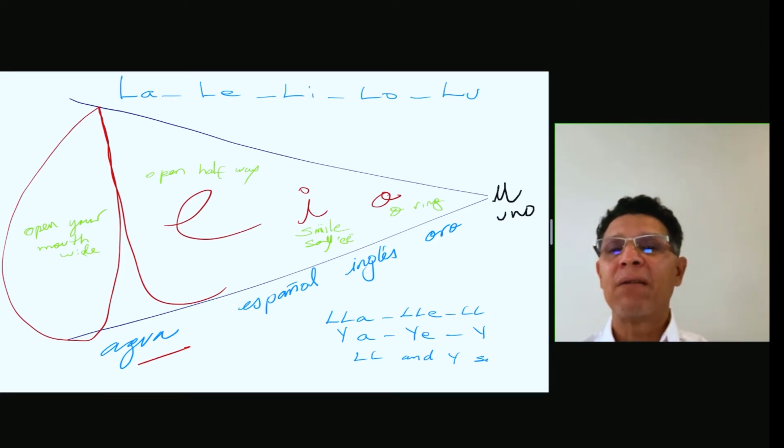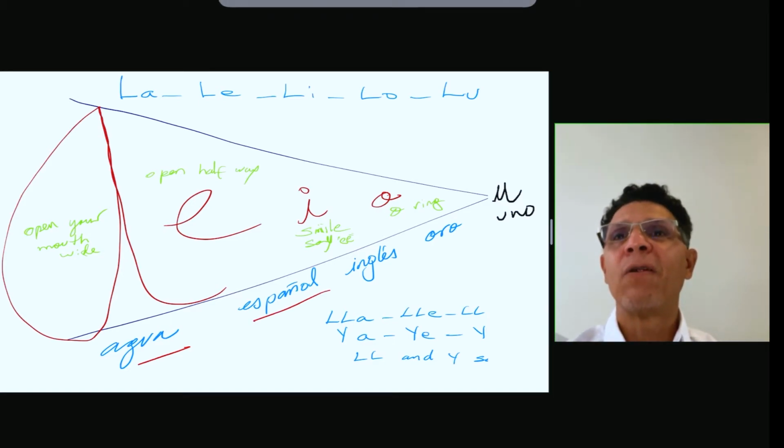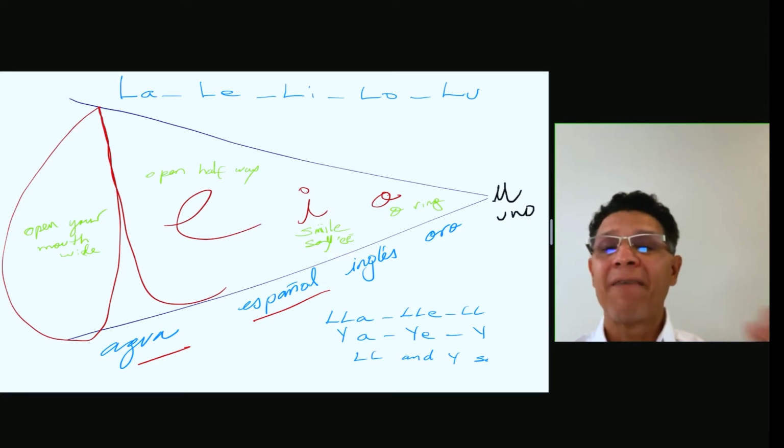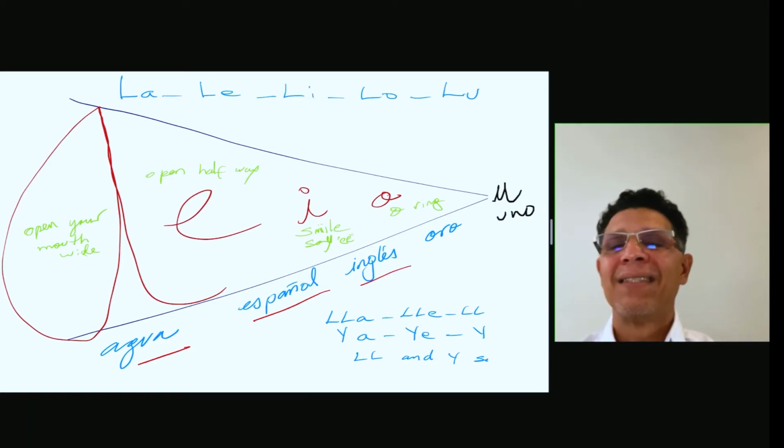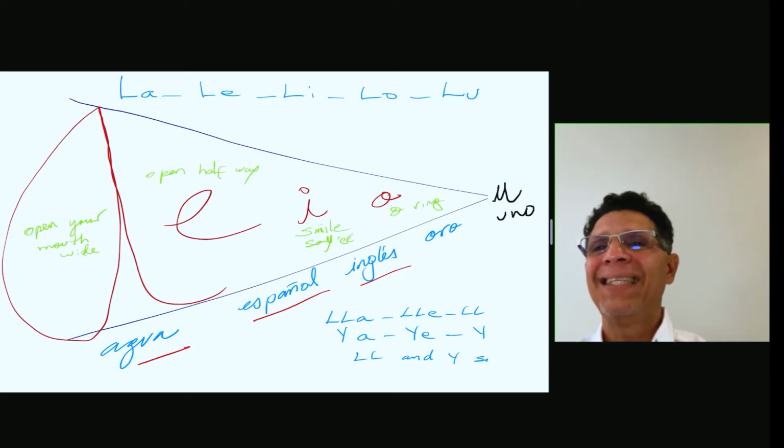The second sound, from the A position, you go halfway, you go A, E. That's the E sound. For example, español. Now we're going to close our mouth, smile, and say E. E, as in inglés, English. So we have A, E, I. For the O, all you have to do is make an O ring with your mouth.